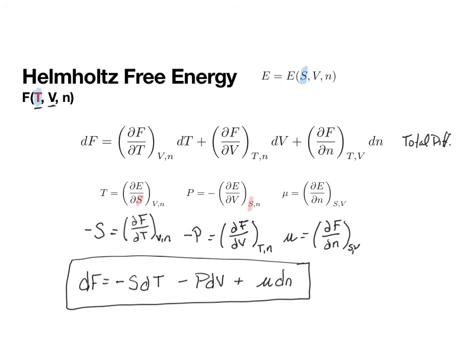So we've now created a variable that is much easier for us to work with than the internal energy. And remember that each of these, because we're just transforming one variable, are measures of energy, just using different variables.